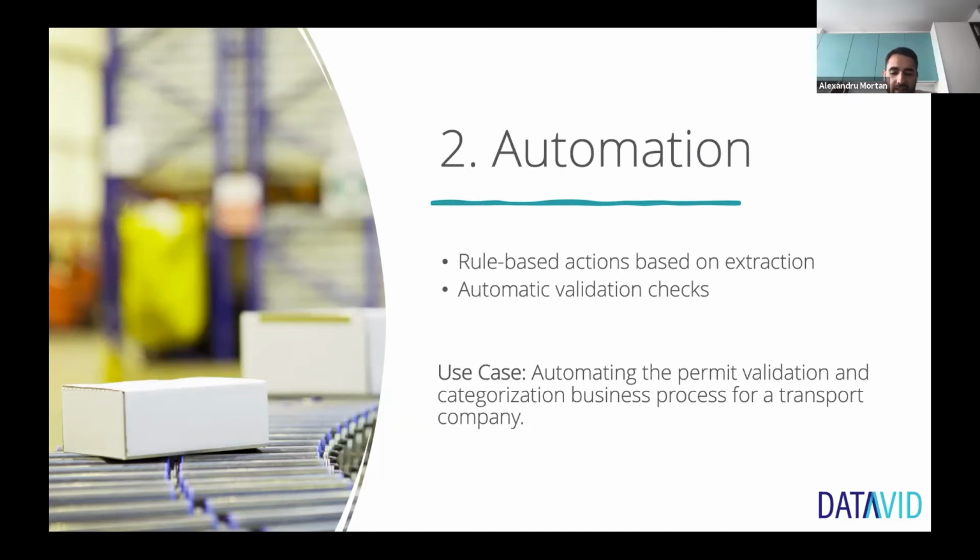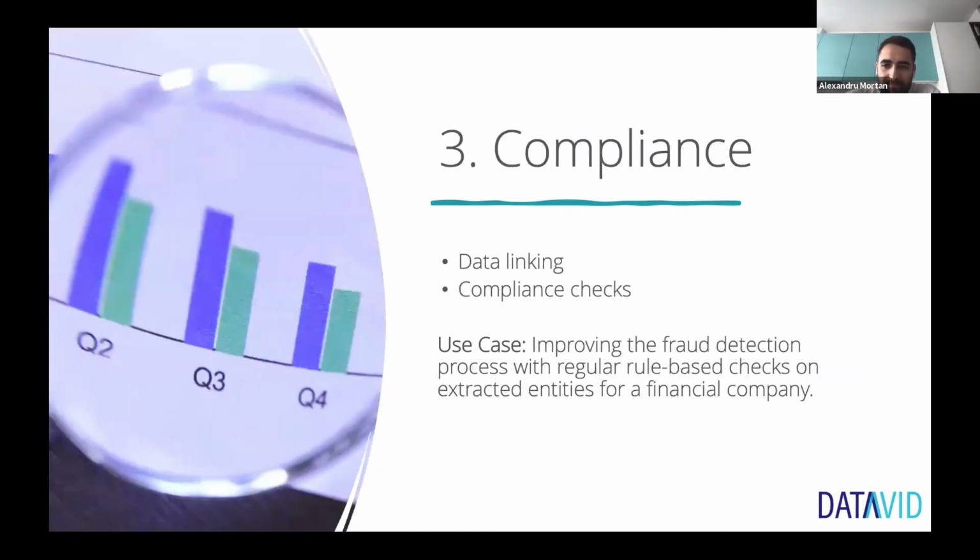Like, okay, if this permit is still active and it's going to a location where we have an agreement already, just automatically approve it, send back an email to the transporter, and say, okay, you're good to go. And this, you can imagine, made it easier for them to process these types of permits, and it also made it faster. Of course, that's what automation is for.